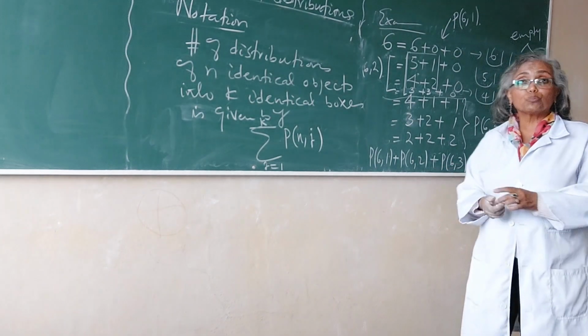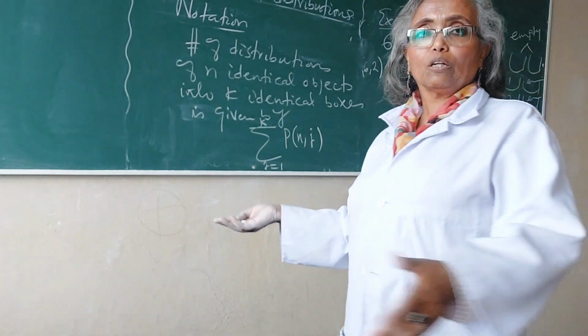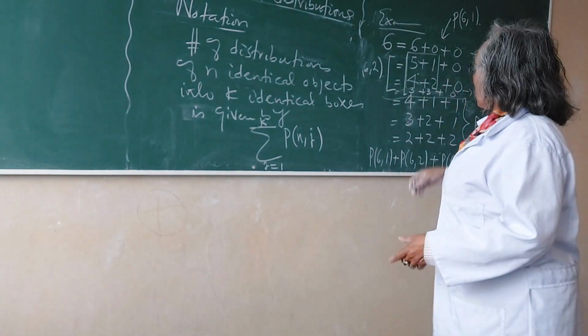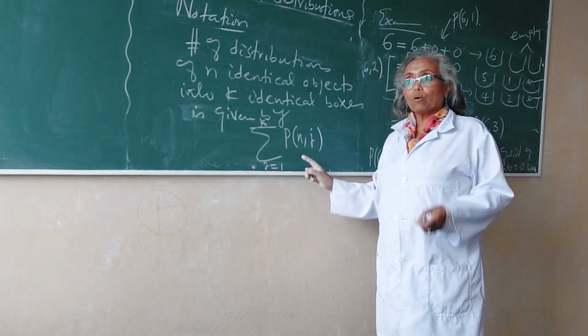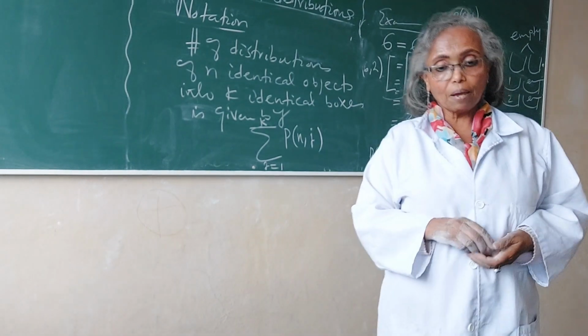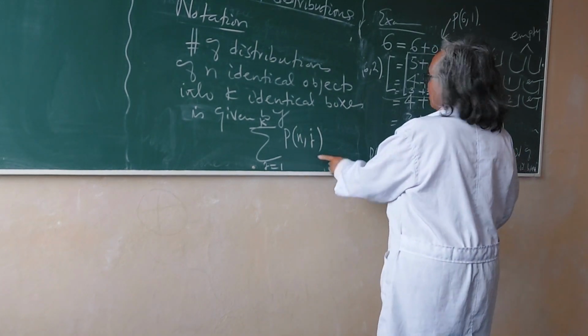Here we don't need to add the condition that no box should remain empty. Of course it can remain empty and we can count it using the partition number of n into k parts this way.